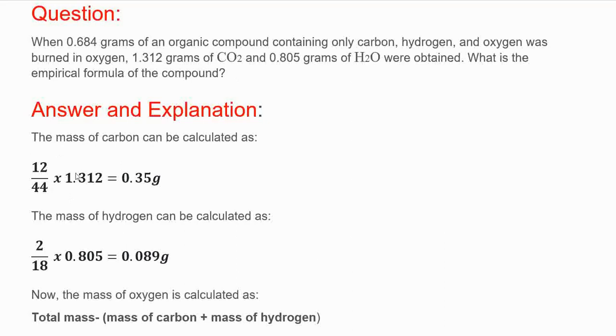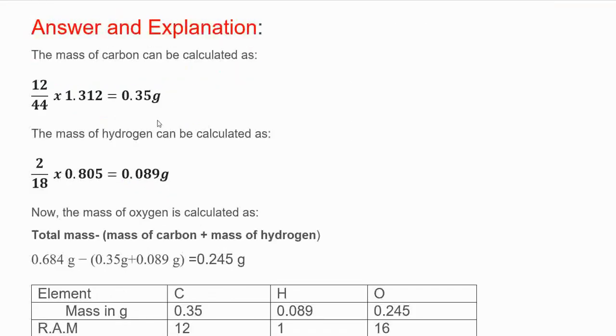And then you multiply by the total mass of carbon dioxide, and then you are able to get the mass of carbon only. As you can see, this one is the mass of carbon.